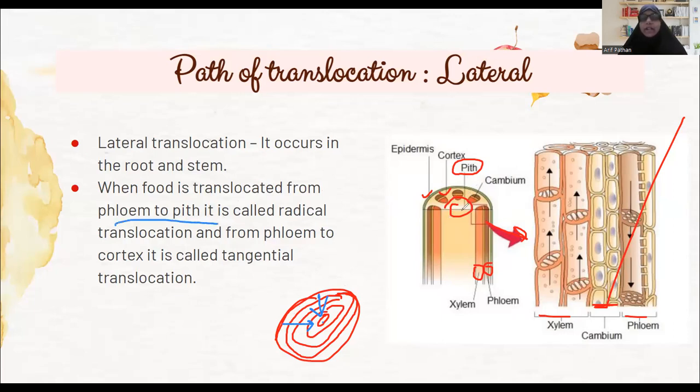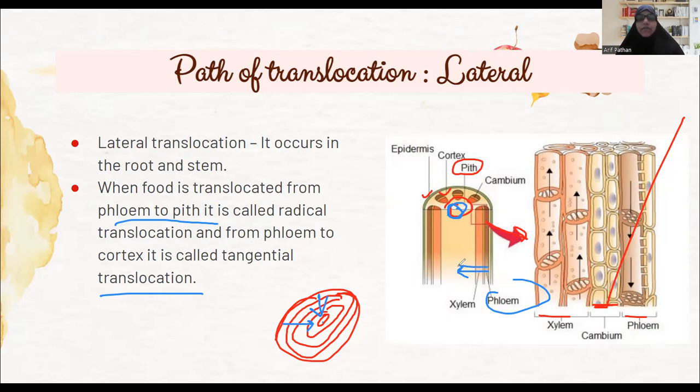Now where is the pith? Central part. Where is the phloem? Here, this part. So how is the translocation going to take place? From here to here. So laterally, tangential. Okay, another is from phloem to the cortex.